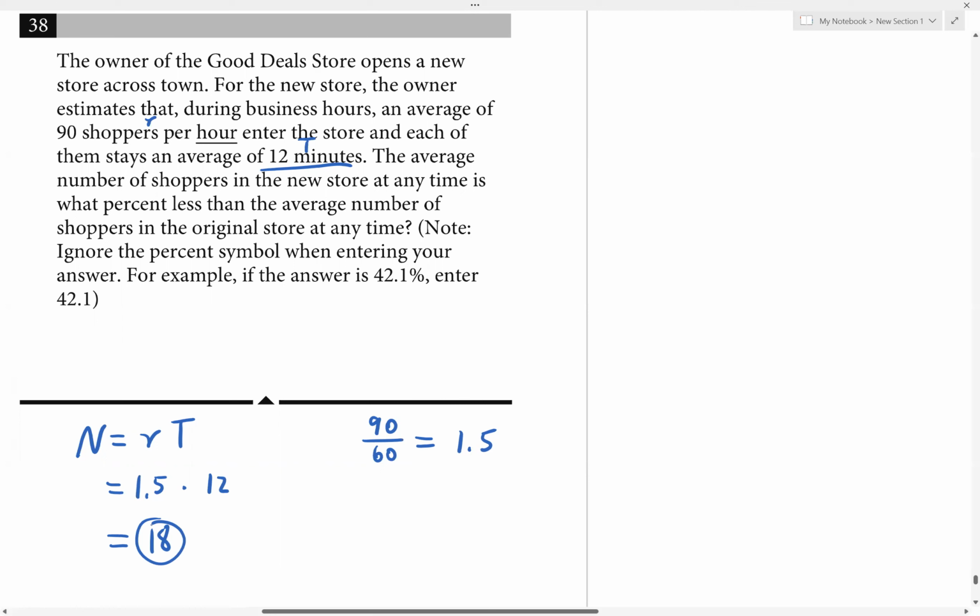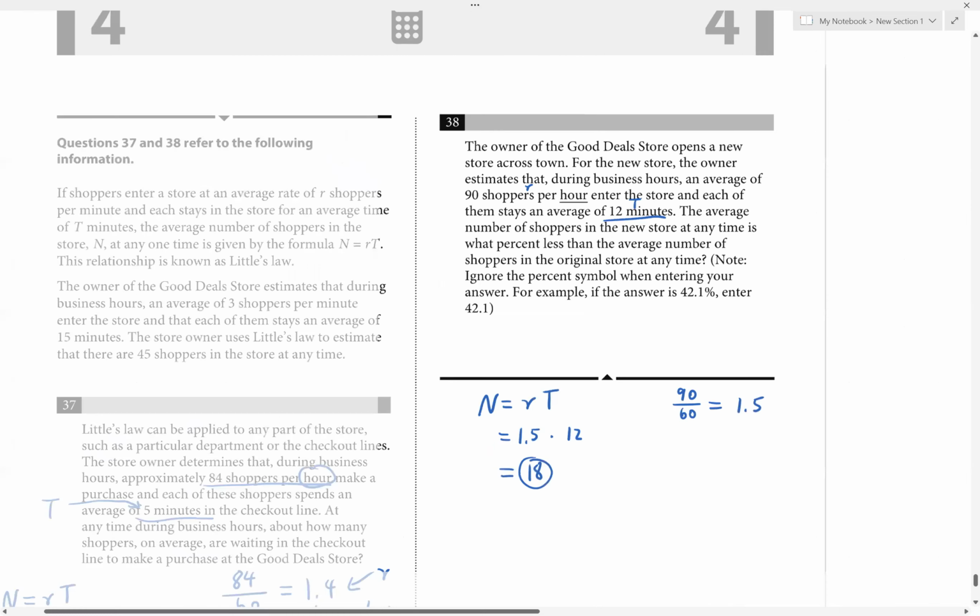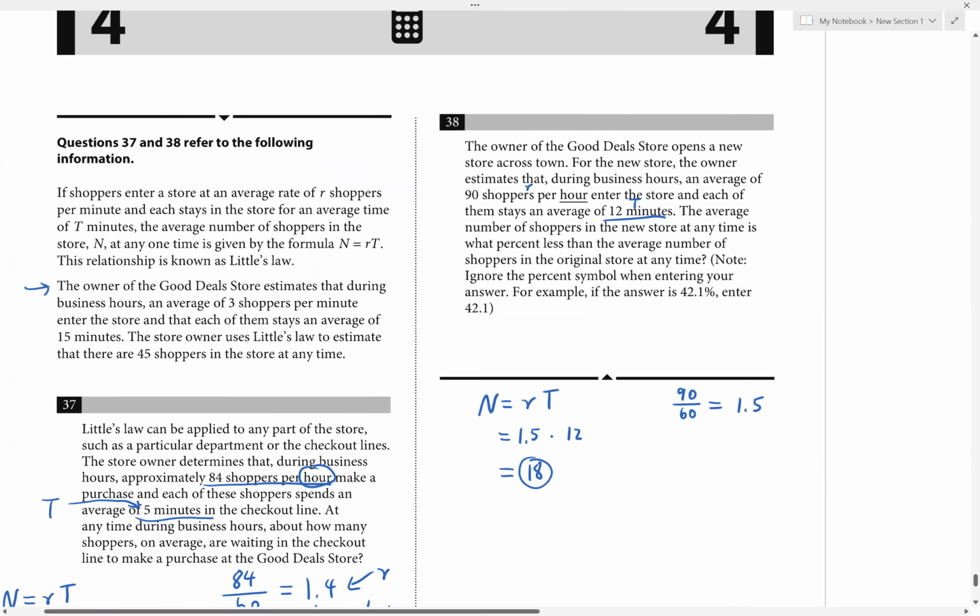But that's not the final answer, so we still have to do another part of this, and this is a percent change question. The question asks for what percent less the average number of shoppers in the new store is compared to the original store. For the original store, we go back to the second paragraph, where they showed us this example.